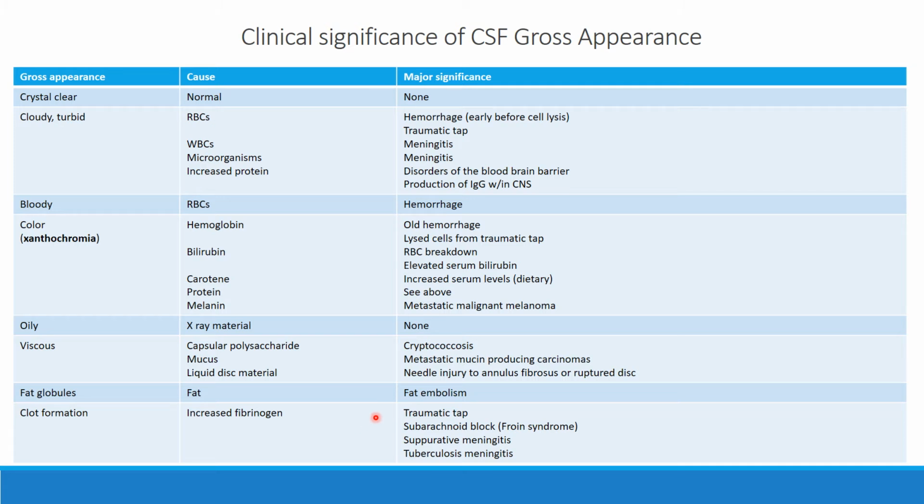That would happen most commonly in a traumatic tap, but it can also happen with a hemorrhage. Okay, so the patient has a stroke or potentially even an aneurysm, and you end up with blood in the CSF, which would include your coagulation factors.